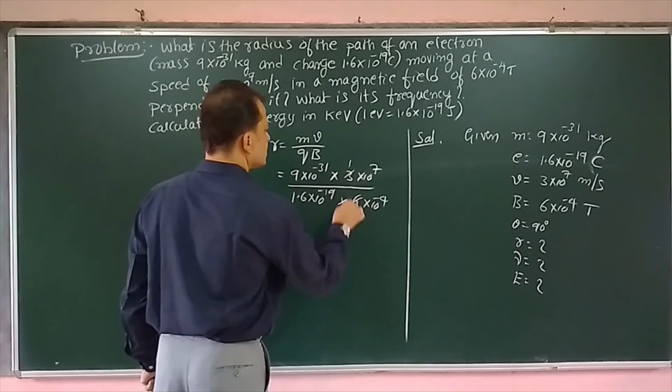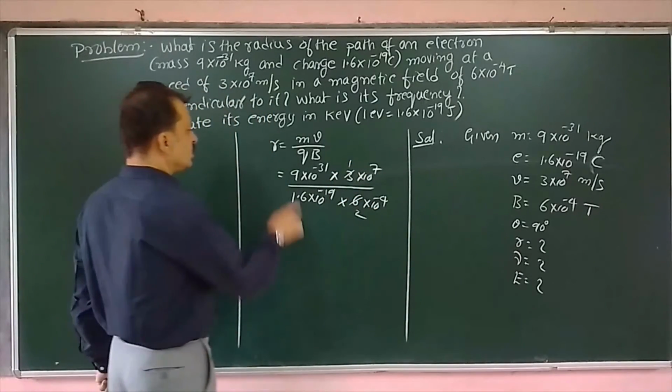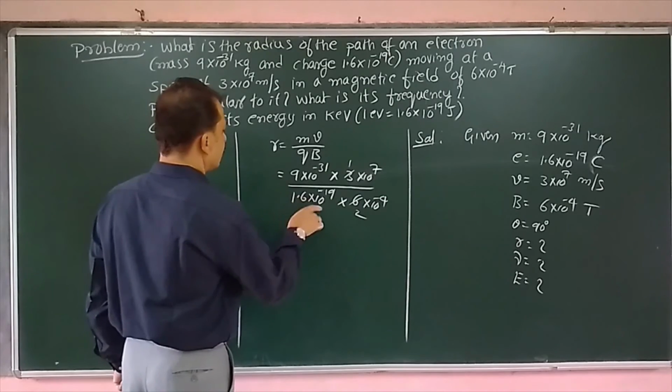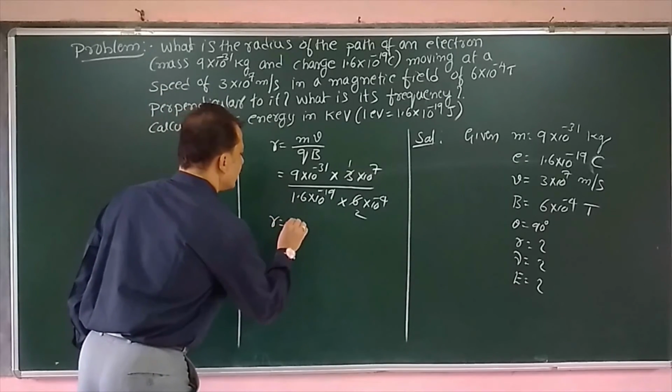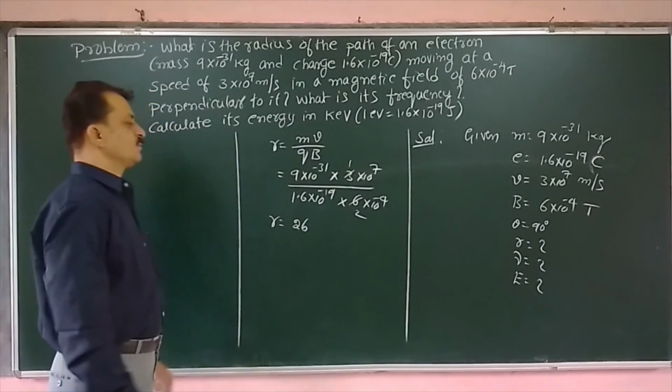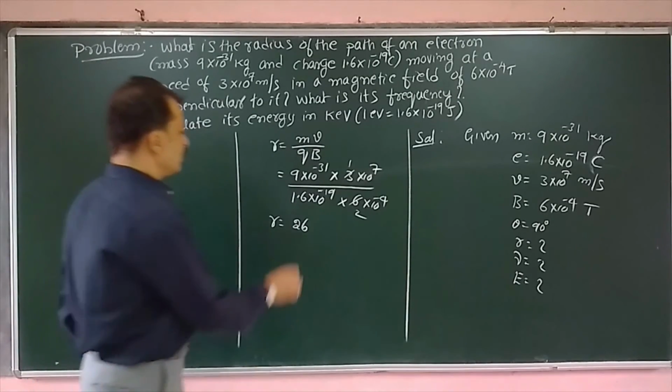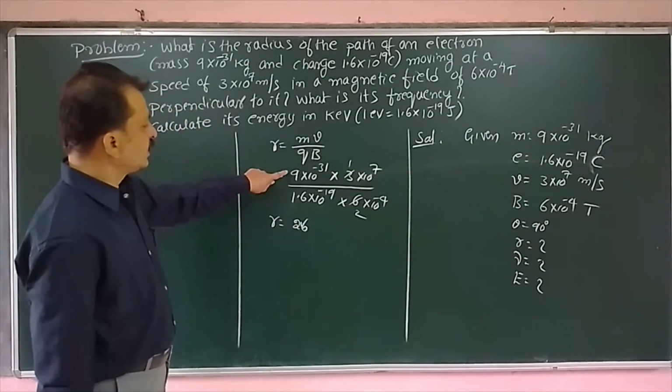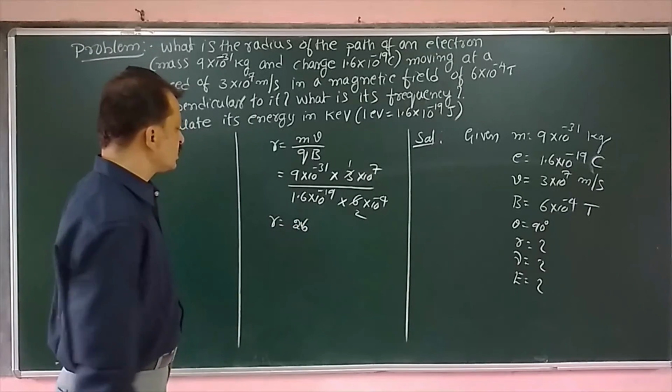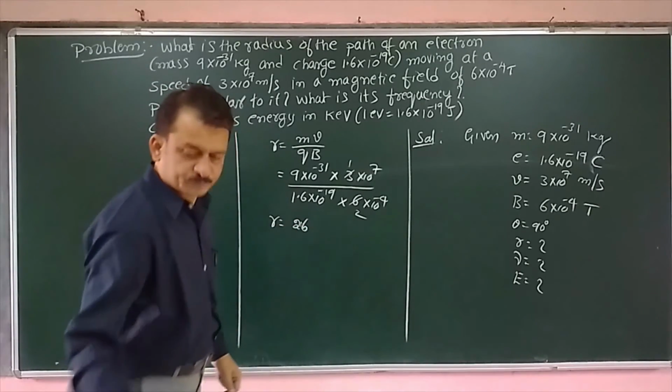Now simplify this one: 9 by 3.2, if you work out, you will get 2.6.